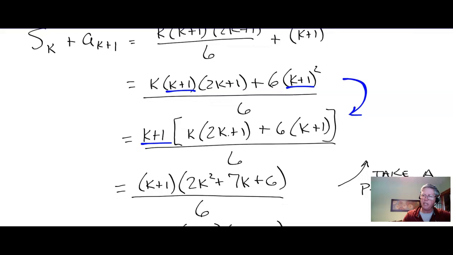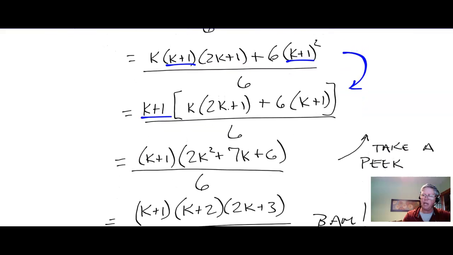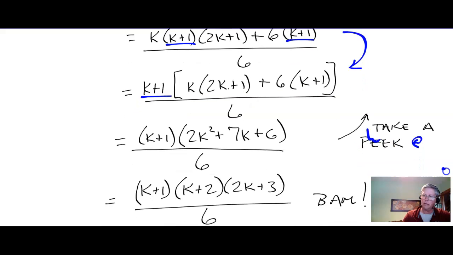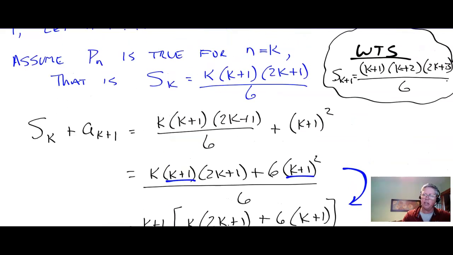This would be a great time to take a peek at what you wanted to show. Oh, I can't erase that because it's already there. So take a peek at what to show. What I mean by that is this is what we wanted to get to.